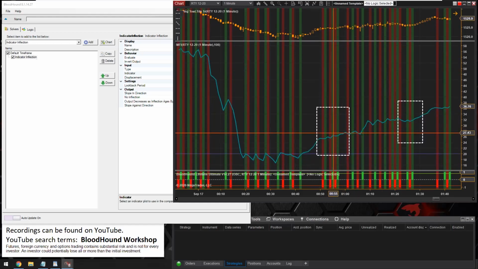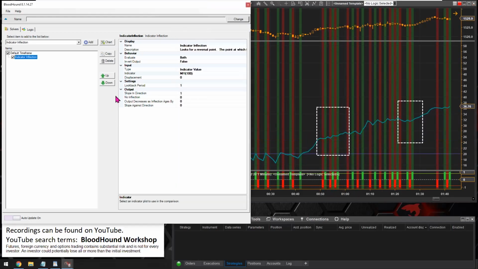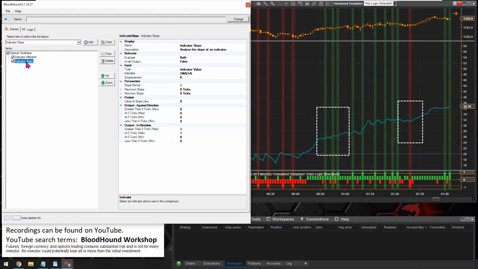So the question is, is there a way to set a minimum and maximum inflection amount with the inflection solver, similar to the slope solver? If you're familiar with the slope solver, it has a maximum slope and minimum slope, so you can make sure that your indicator is sloping up by some minimum amount, so your indicator has some kind of minimum angle, so to speak.